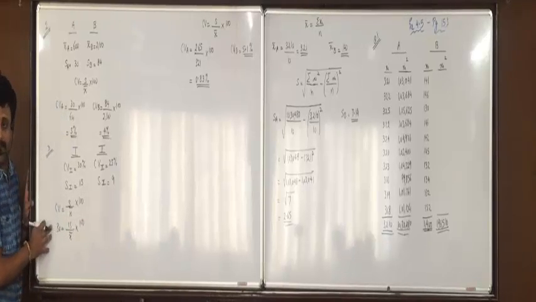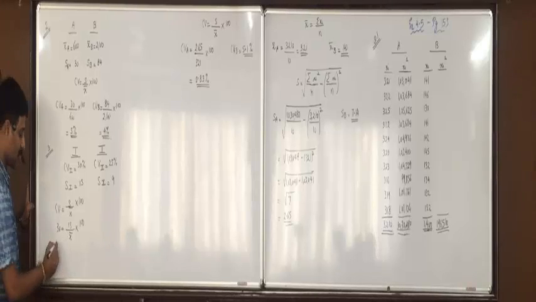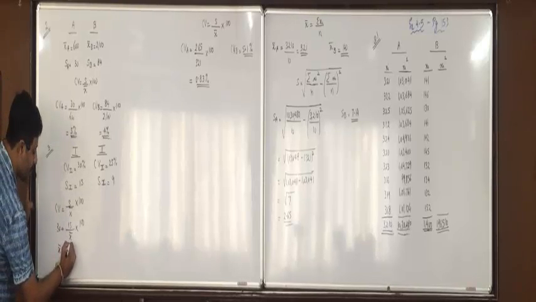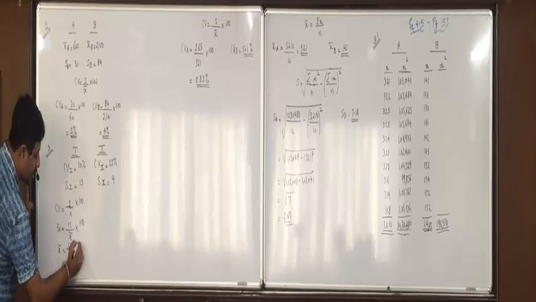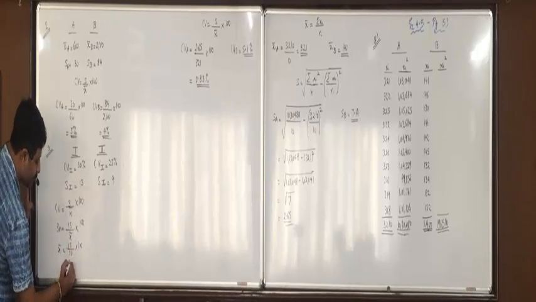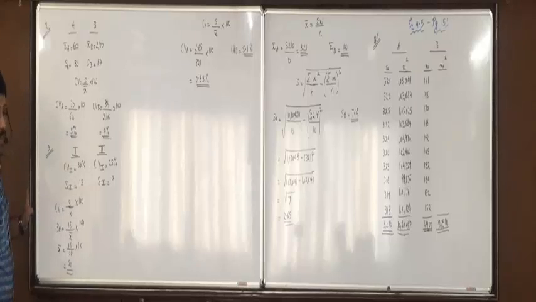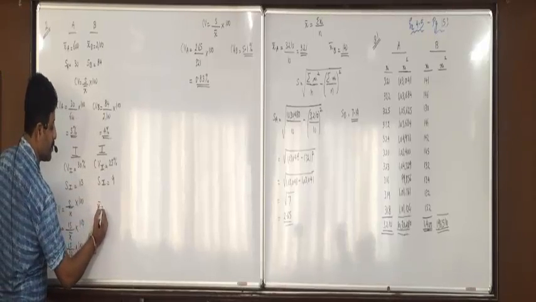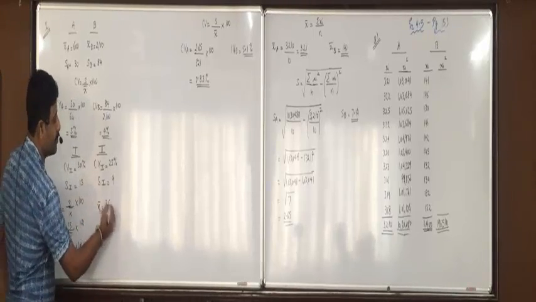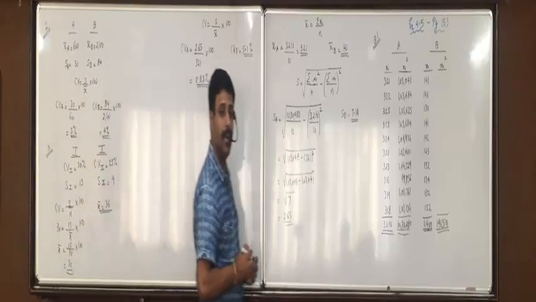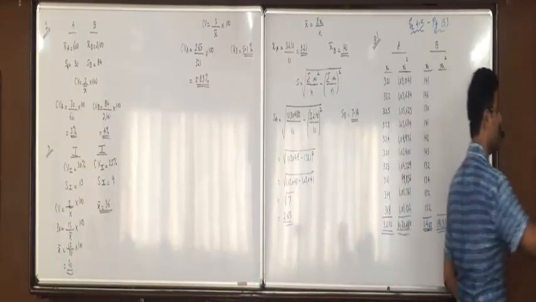X bar will come on the left side, 30 will go on the right side. So X bar equals 15 upon 30 into 100, that is 50. Mean is 50. Did you understand this? Do it for series 2 on your own. Did you understand this or not?